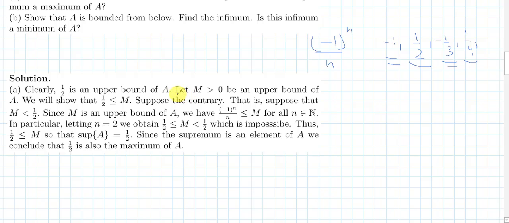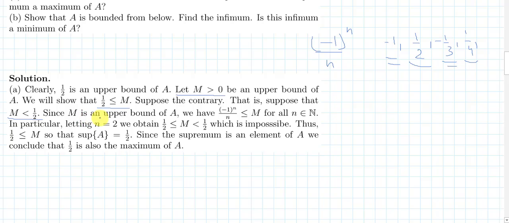So let's take any m which is greater than 0 and let it be an upper bound of A. We'll show that 1 over 2 is less than or equal to m. So we need to show that we have a number which is greater than 1 over 2. So suppose the contrary, that m is less than 1 over 2.